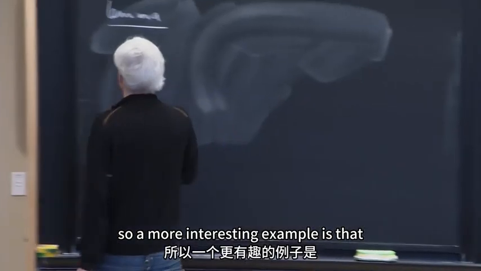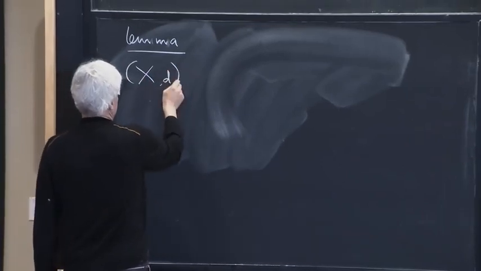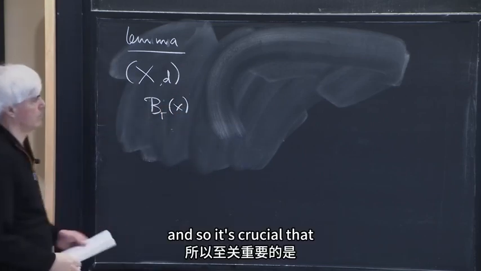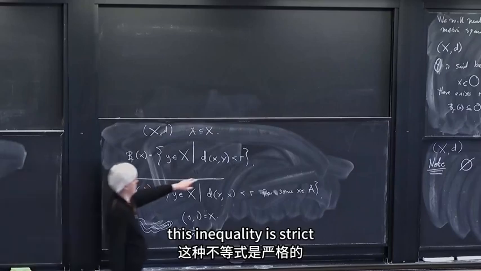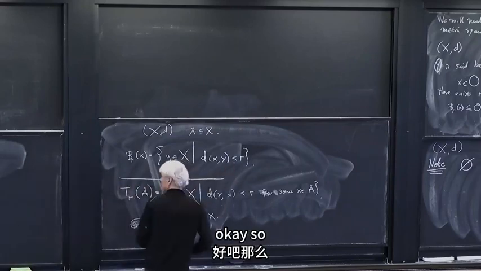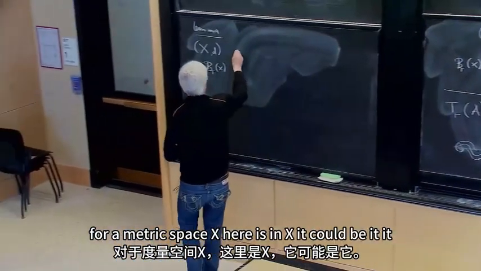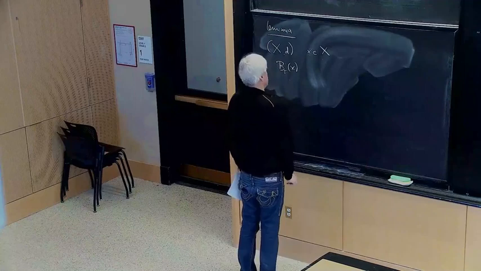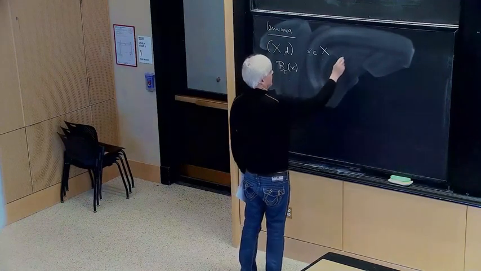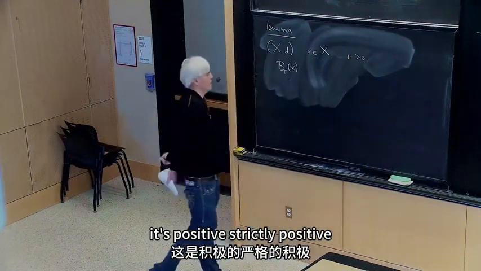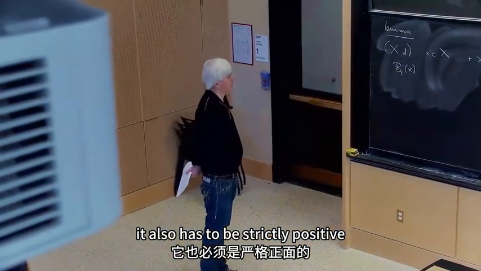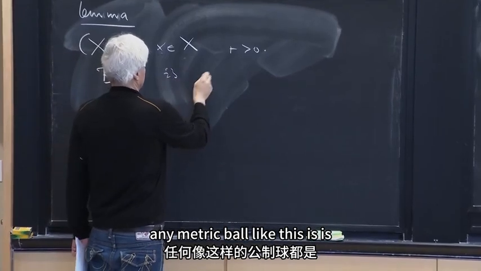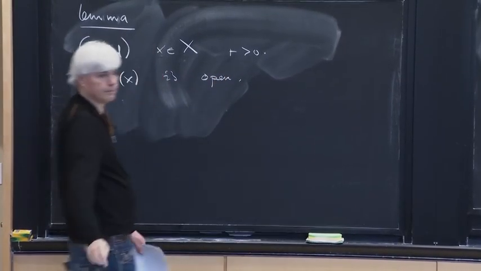A more interesting example is a ball, and it's crucial how we define the ball: this inequality has to be strict. For a metric space, x is any element in X, and r is strictly positive. Then any metric ball like this is an open subset.